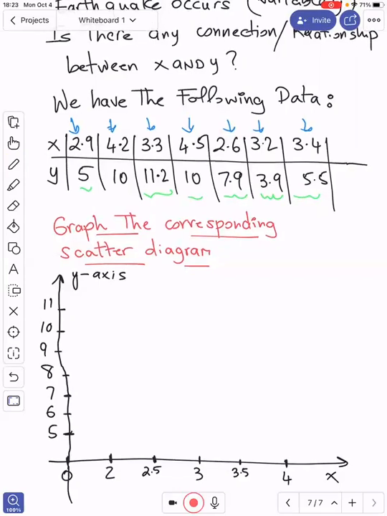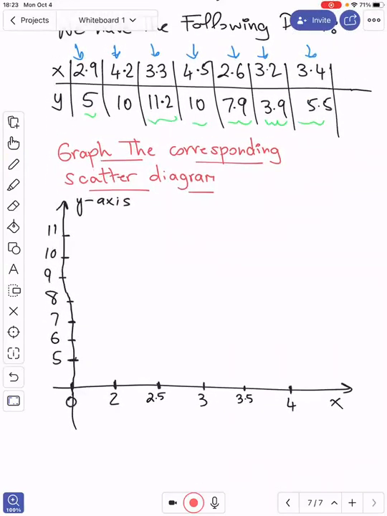So, I'm gonna plot the first point. What's the first point? As you can see, the x is 2.9, and the y would be 5.